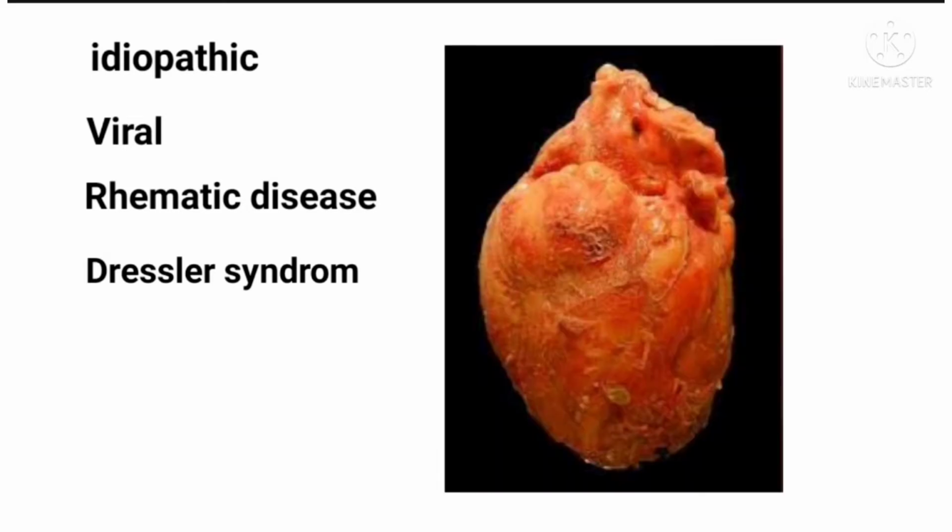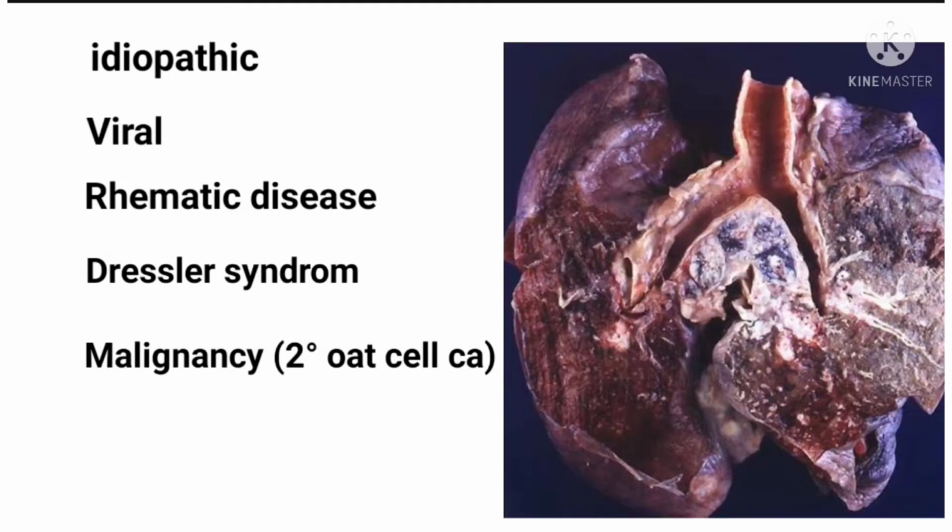In Dressler syndrome, the pericardium of the heart becomes inflamed due to an immunological reaction after an attack of myocardial infarction. The origin may be due to malignancy also, and the most common malignancy that causes acute pericarditis is secondary oat cell cancer. In India, the most common cause is tuberculosis, and the other causes may be uremia, then radiation.